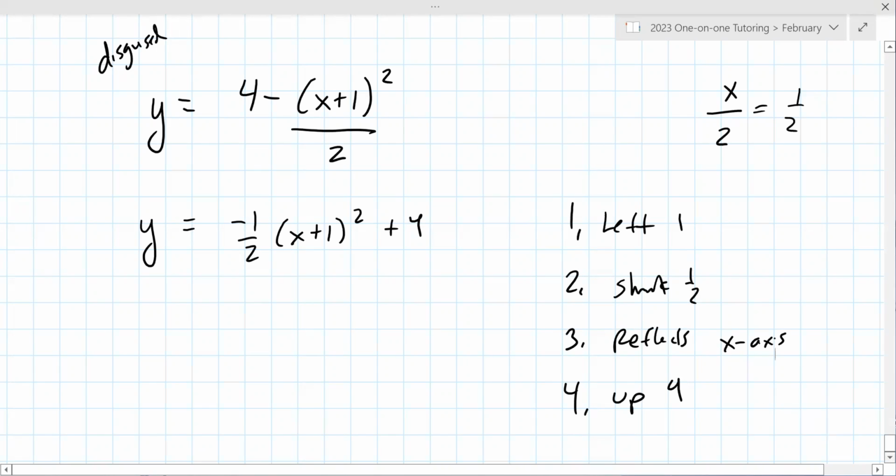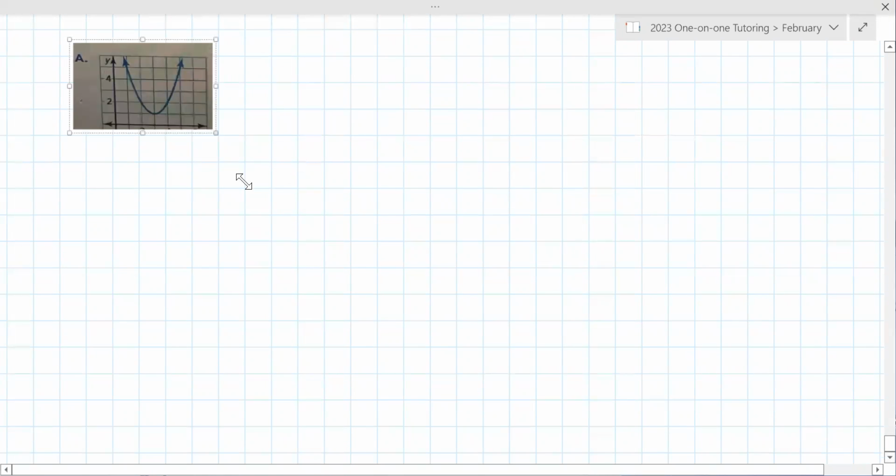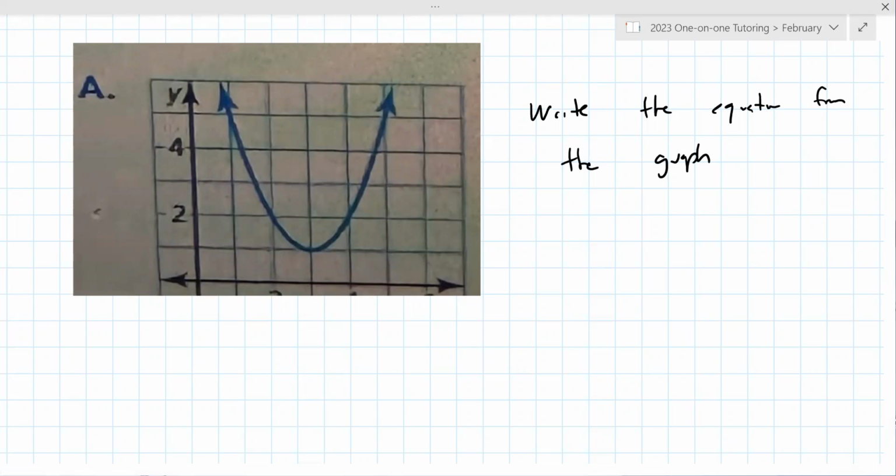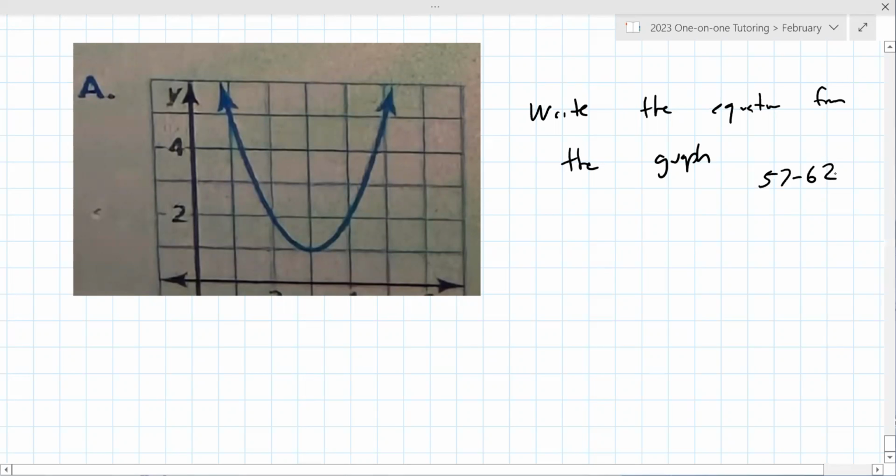Okay, I did think of a problem that you will see that we have not looked at that's probably reasonable for an instructor to ask, which is to write the equation from the graph. These are a lot like problems 57 through 62, which means you need to first determine the vertex.